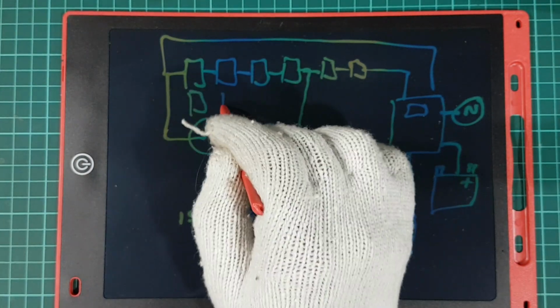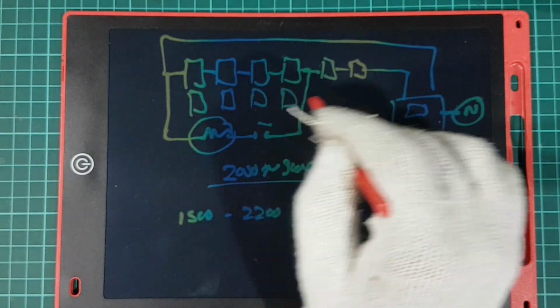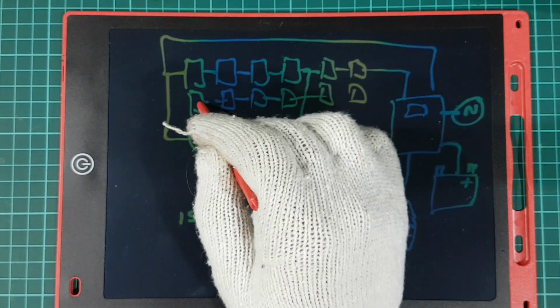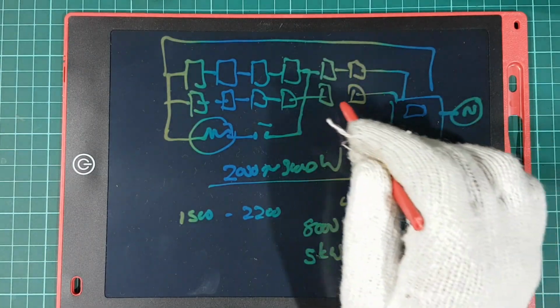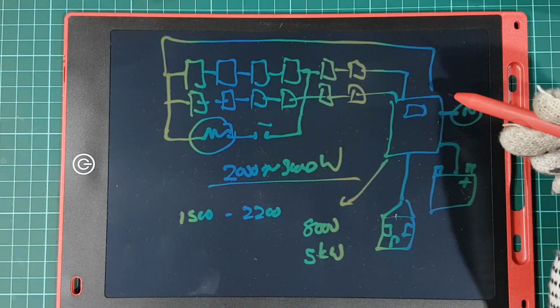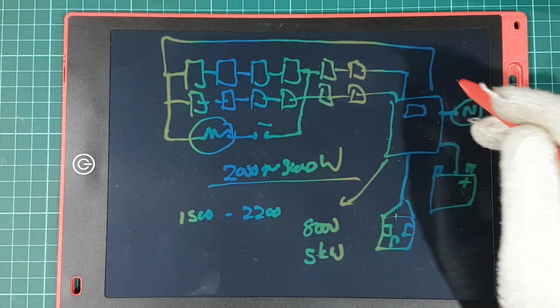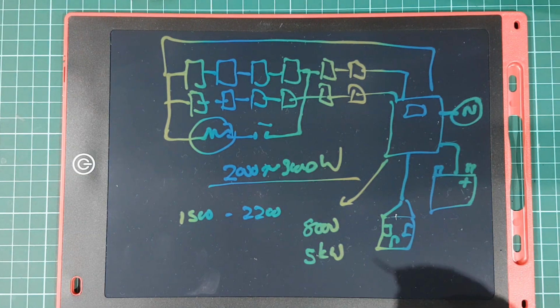Another option will be to add a second row of panels, as this will give you a good 3 to 5 kilowatt available for the system, which will then make it much more efficient in daytime to run heavy duty things.